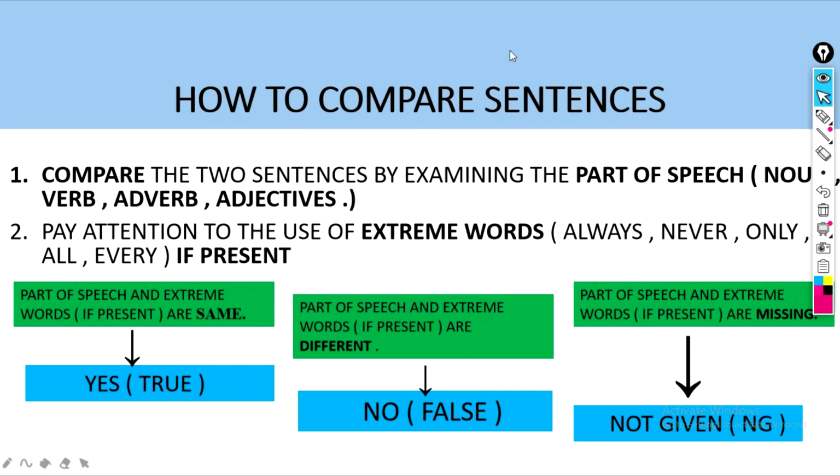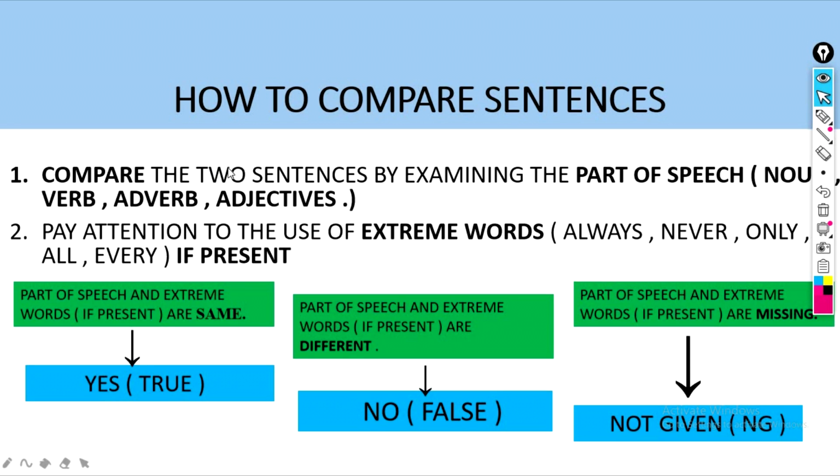Now I'm going to tell you how to compare sentences. This is the key component of being able to answer this question type, True, False. So let's take a look at how to compare the sentences. The first thing you need to know in order to compare these two sentences is parts of speech and extreme words.